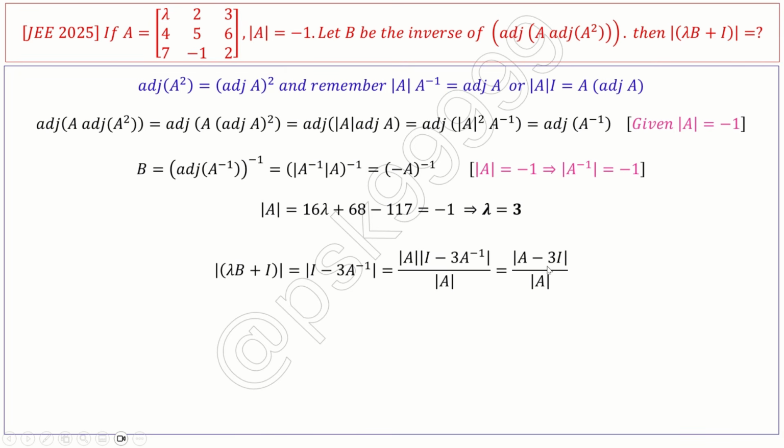So this is determinant of A minus 3I divided by determinant of A. Now this is simple: 3I minus A, divided by determinant of A, which is minus 1. Minus 1 into 3I minus A is nothing but this matrix 0, 2, 3, 4, 2, 6, 7, minus 1, minus 1. I can easily find the determinant of this one, which overall is 38. So the determinant of lambda B plus I is nothing but 38. That's the answer.